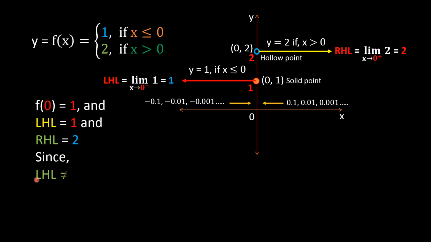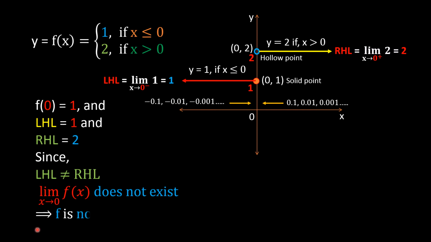Since the left-hand limit is not equal to the right-hand limit, the limit of function f(x) as x approaches 0 does not exist. Which means that function f is not continuous at x equals 0. Therefore, a sufficient condition for a function to be continuous is that the limit of the function must exist.